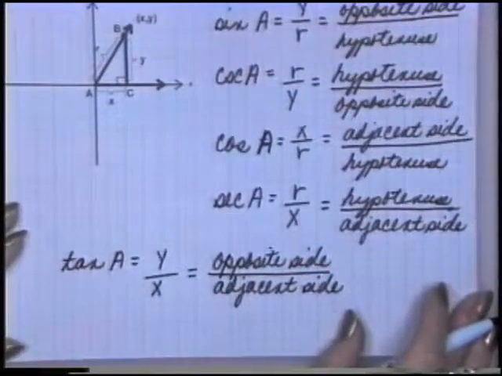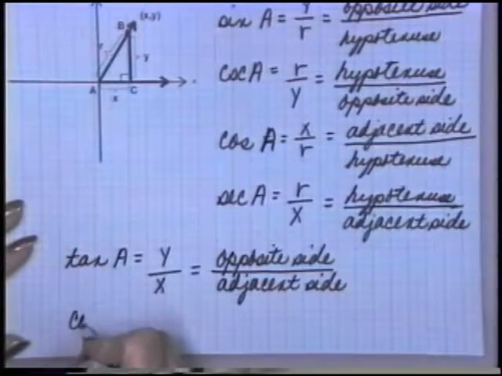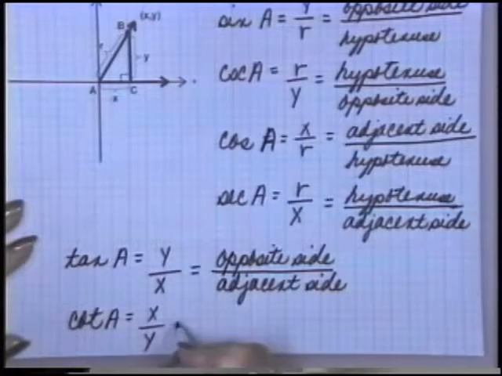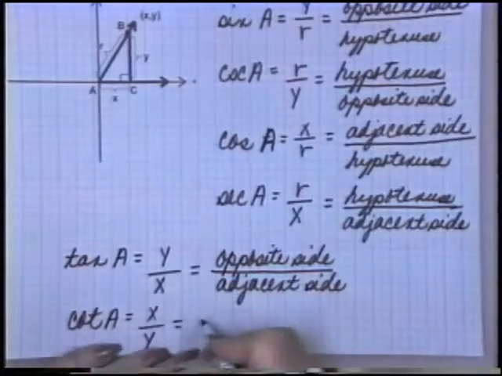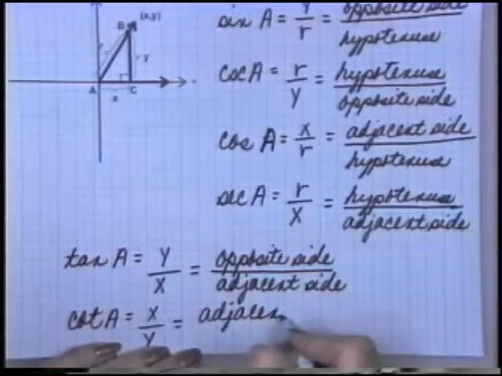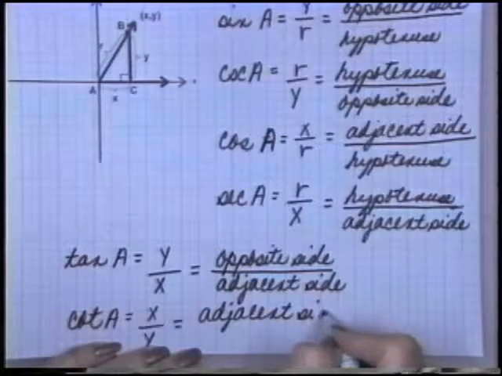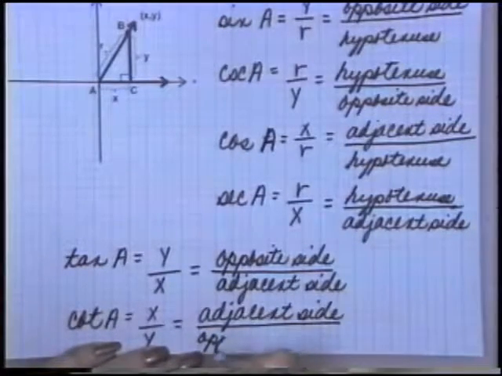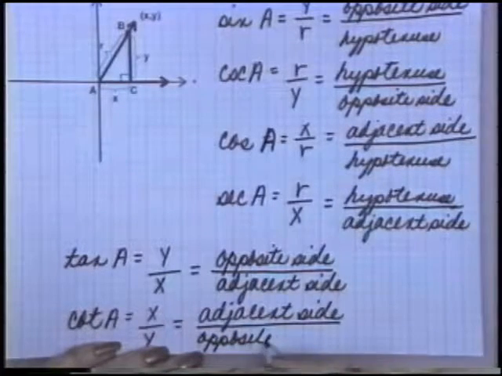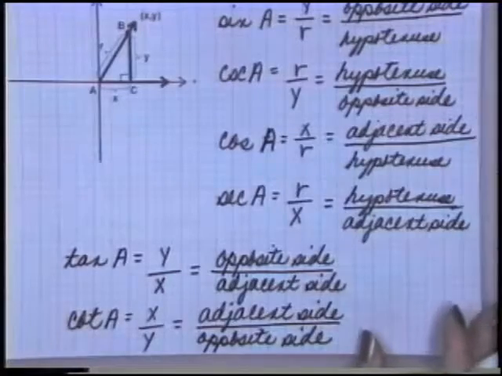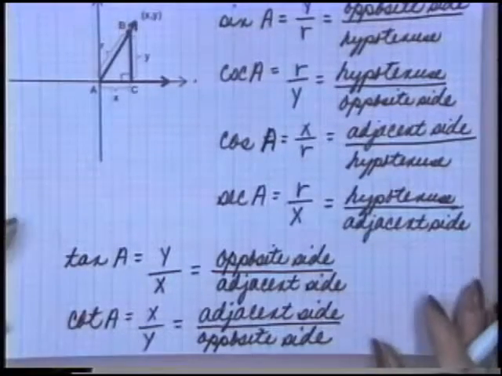And last, let's put the cotangent, which of course is the reciprocal of the tangent. So it would be the adjacent side divided by the length of the opposite side.